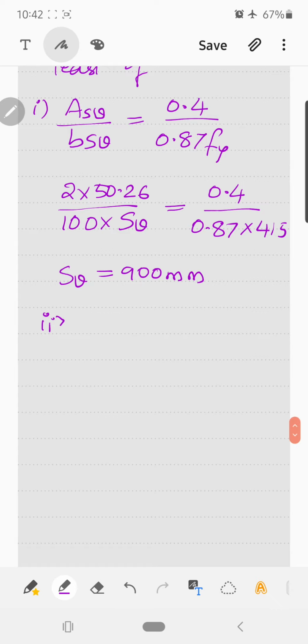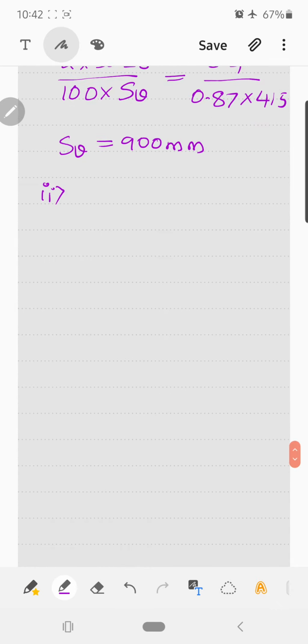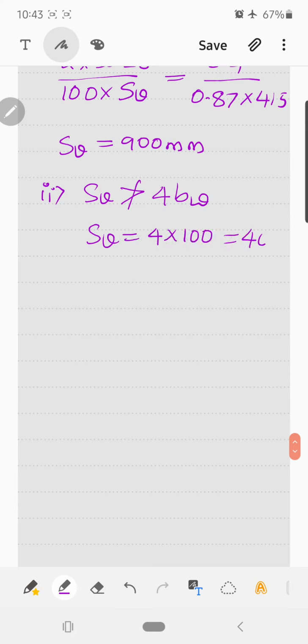Second case, the spacing should not be greater than 4 times bw. So 4 times bw is 4 into 100, 400 mm.